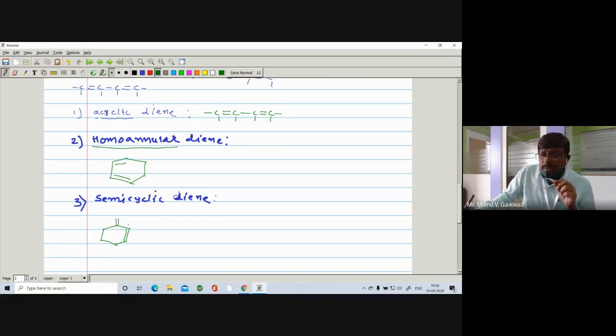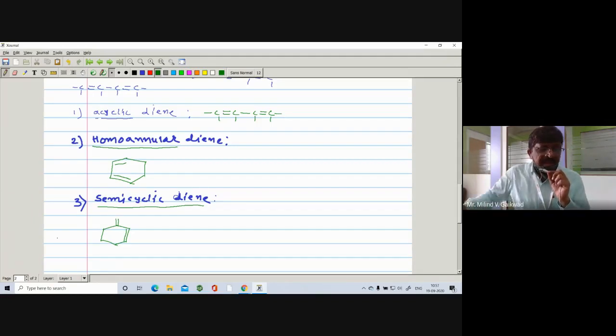So two pi bonds are in conjugation, but one pi bond is present in the ring and the other is outside the ring. It is called a semi-cyclic diene. That is an exocyclic carbon-carbon double bond, right?